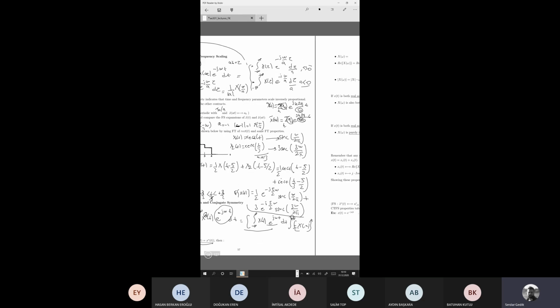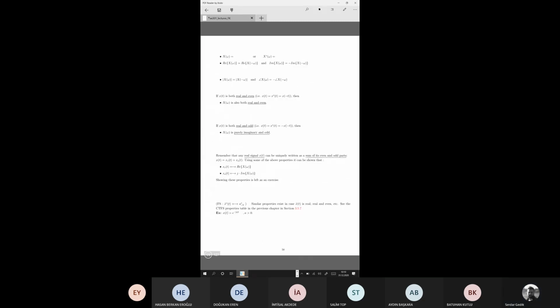Then in this case, I have that x of t is equal to x conjugate of t, and the Fourier transform of x of t is of course equal to the Fourier transform of x conjugate of t, and it tells me that X of omega is equal to X conjugate of minus omega. So this is my case for a real signal.